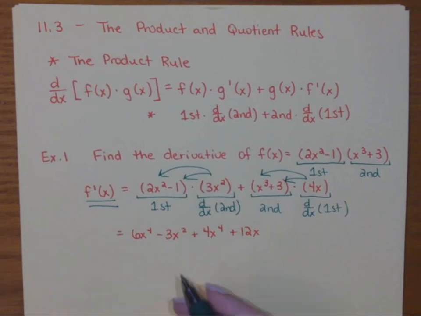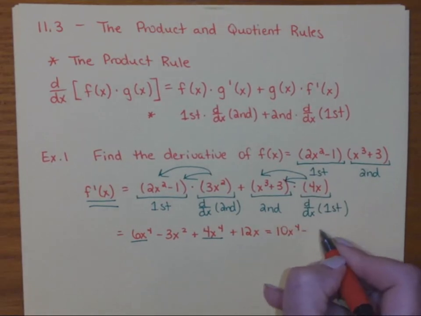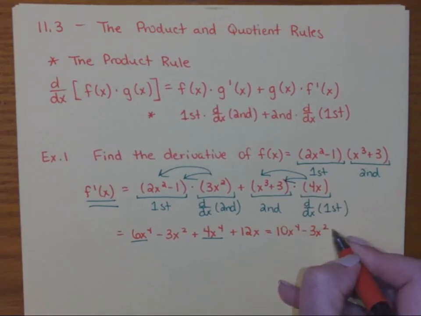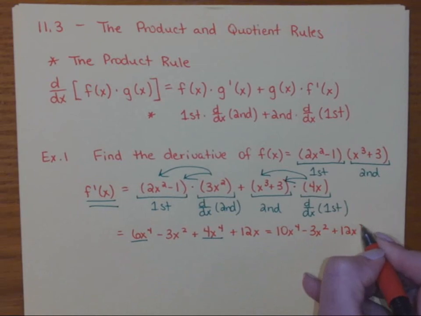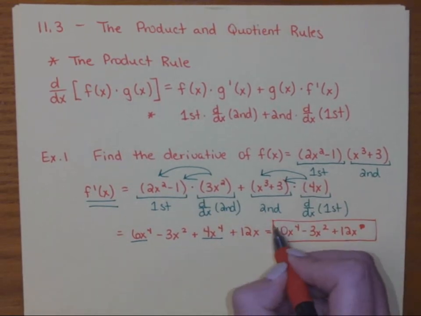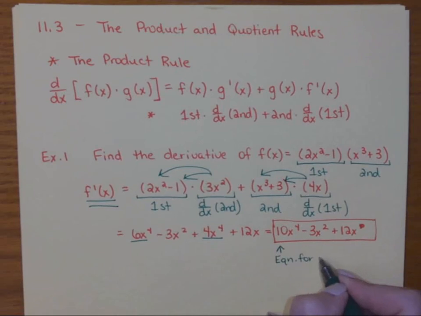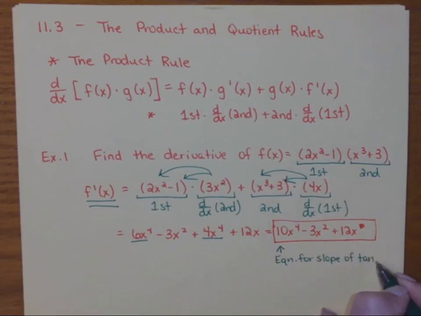And then go through and look for like terms. Notice we have a couple here and here. So in the end, our reduced answer is 10x to the fourth minus 3x squared plus 12x. Okay, and remember, this is always representative of the equation for the slope of the tangent, always. When we are being asked to find the derivative, that is what we're finding.